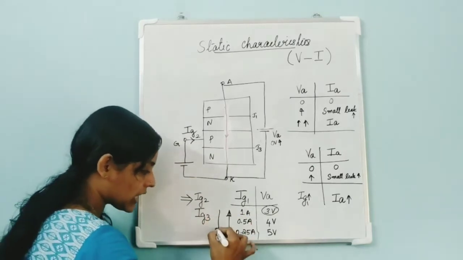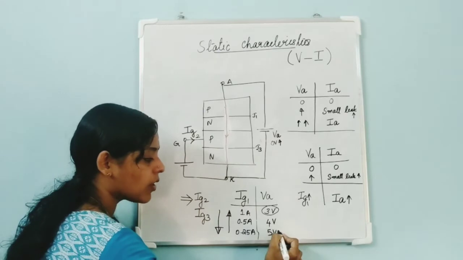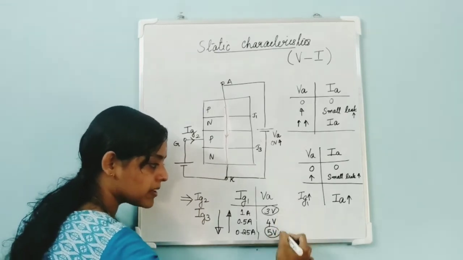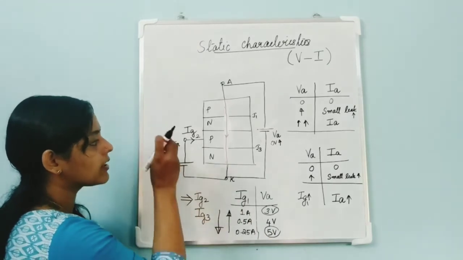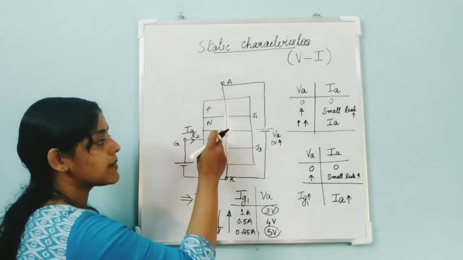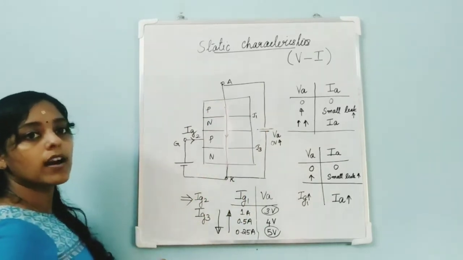But if I decrease the value of gate current, I can turn on the device only at a higher voltage. Am I clear? So this is the relationship between the magnitude of the gate current that I am supplying and the magnitude of the applied voltage required to turn on an SCR.